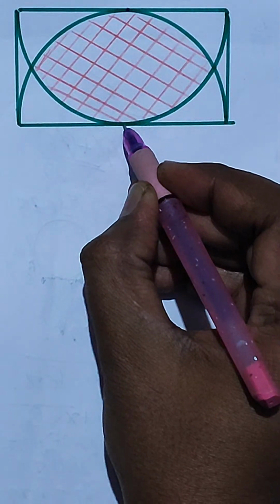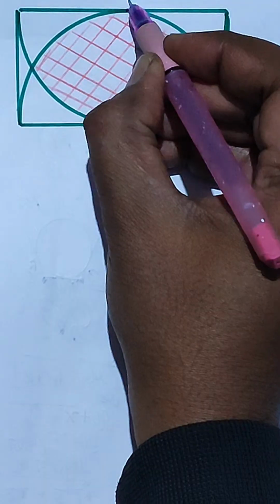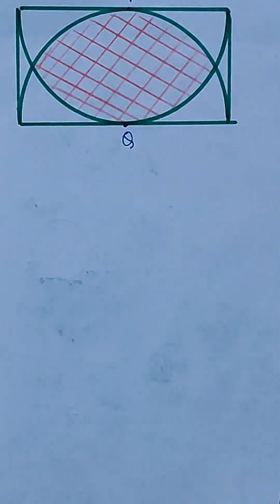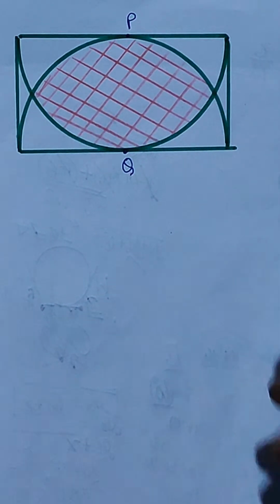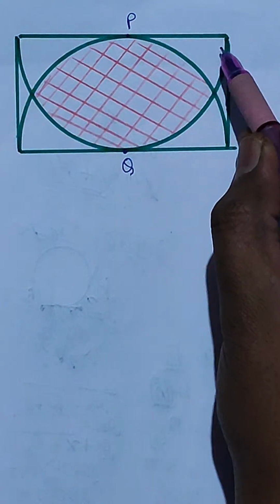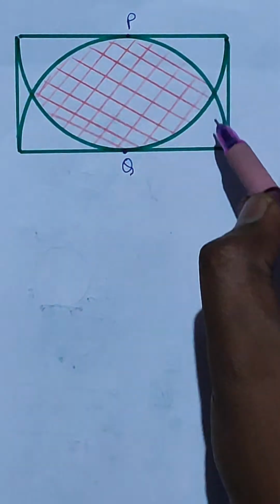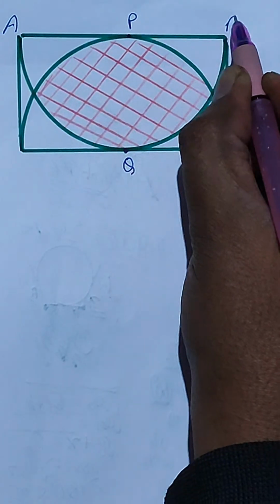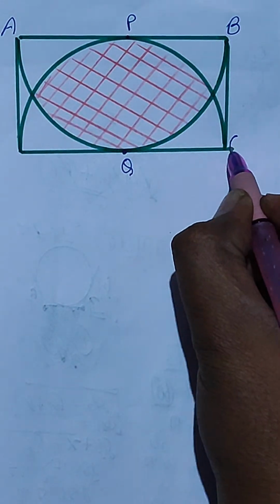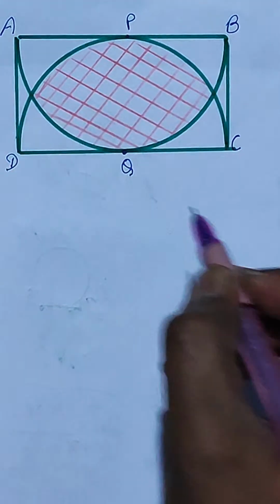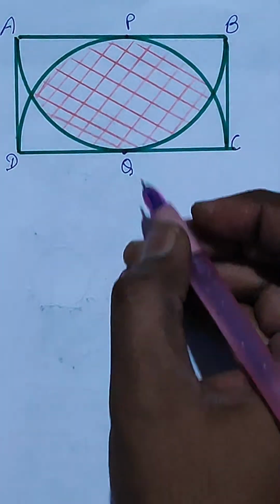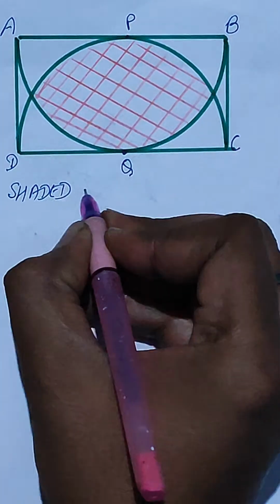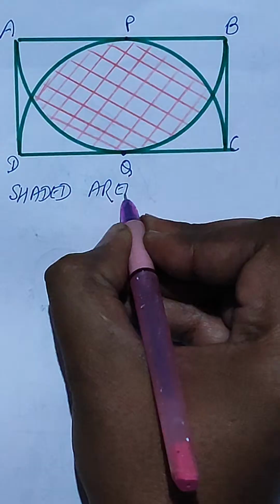Let us say this is P and this is Q. From P as a center, a semicircle is drawn, and from Q as a center, another semicircle is drawn. And that rectangle is ABCD, right? Now we need to find the area of the shaded region.